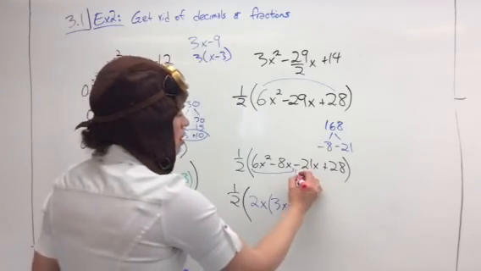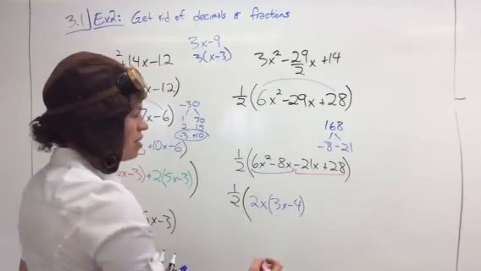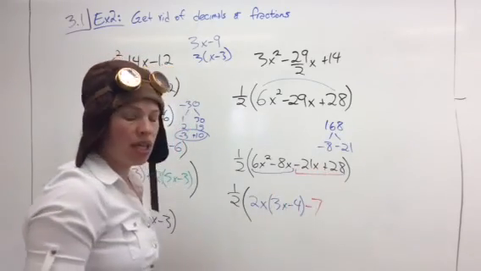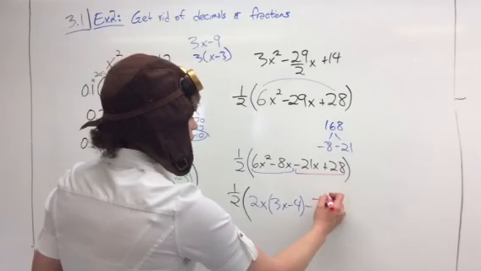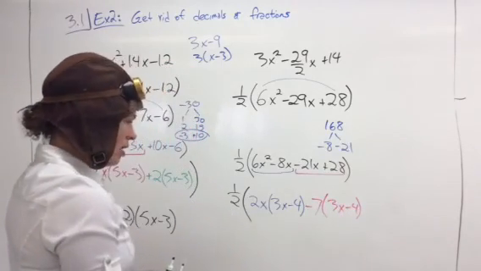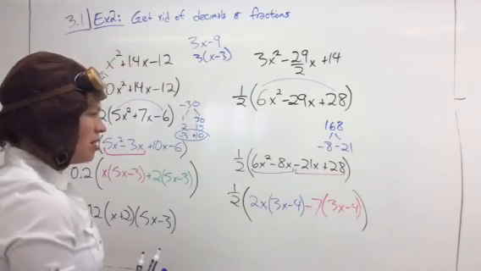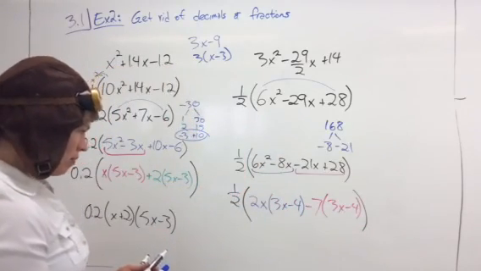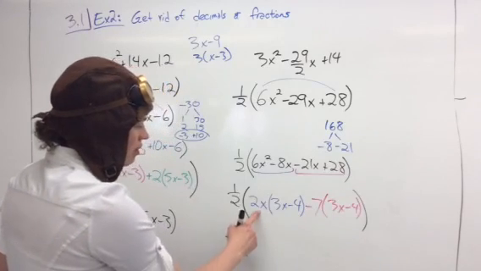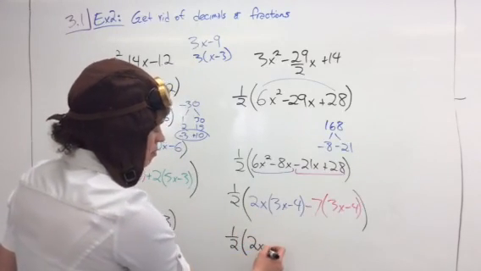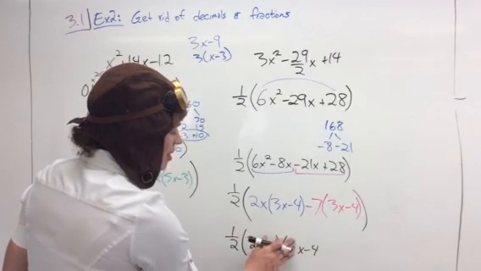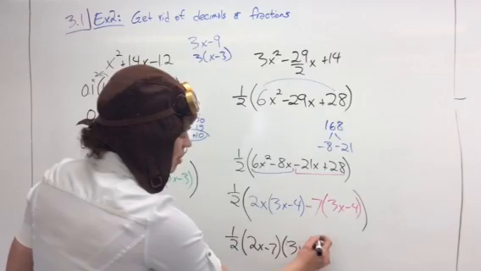And then when I factor these guys, it's a minus sign and a 7 because 21 and 28 have a factor of 7, and then it's just going to be 3x minus 4 in that set of brackets. So it kind of just continues on after that one bumpy patch. Then I'm going to write down my final answer: 1/2 times (2x minus 7)(3x minus 4).